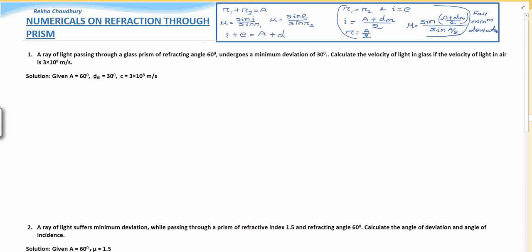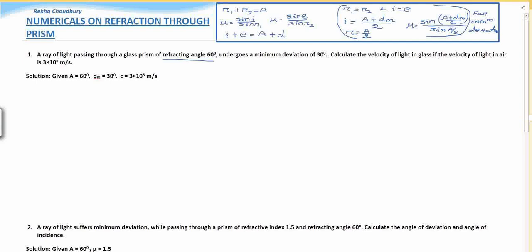Now let us start the solutions. First question. Here a ray of light passing through a glass prism of refracting angle 60 degree undergoes minimum deviation of 30 degree.